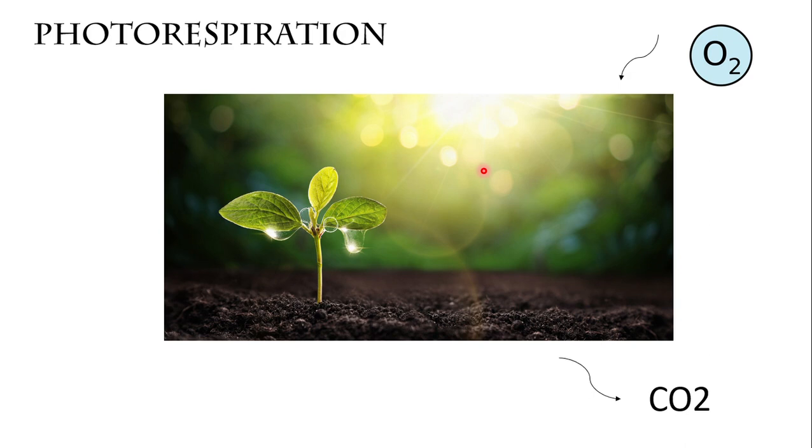So this process is called photorespiration. Guys, this process helps in the production of carbon dioxide and using oxygen. But from where is this oxygen coming to use, and when will the process of photorespiration occur? Let us discuss this thing.